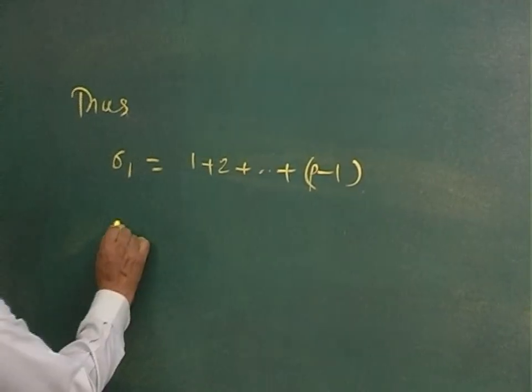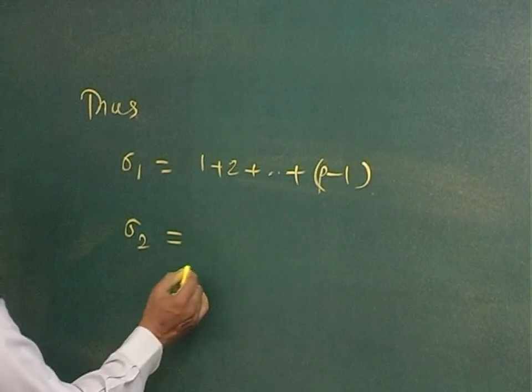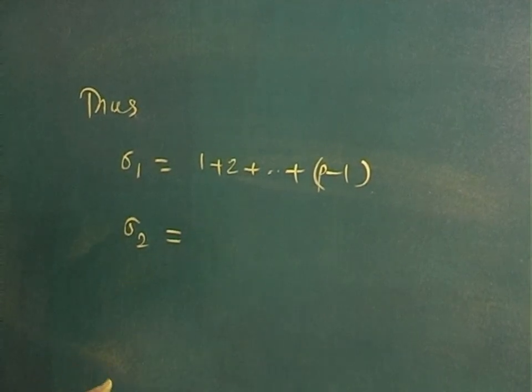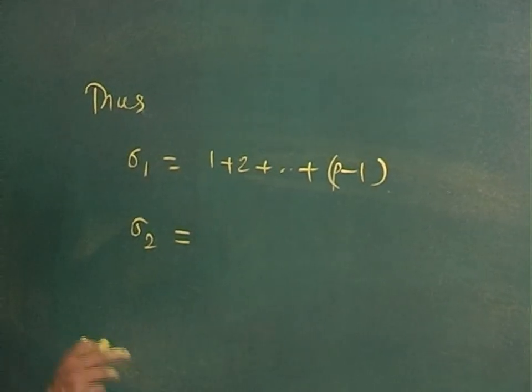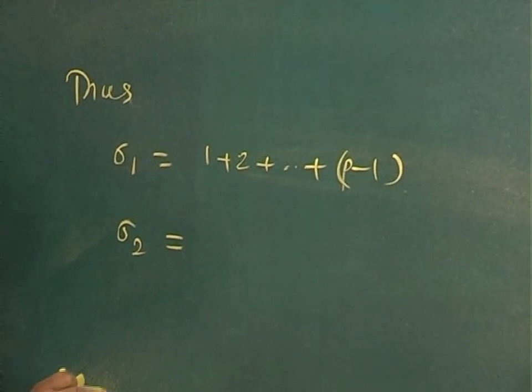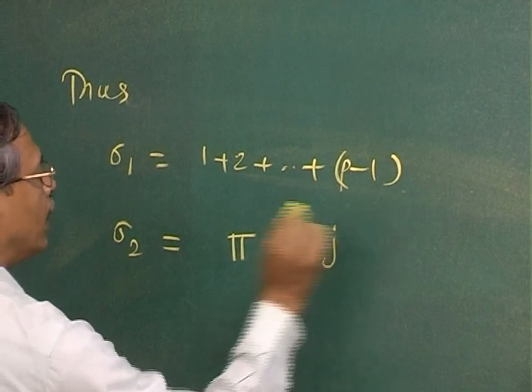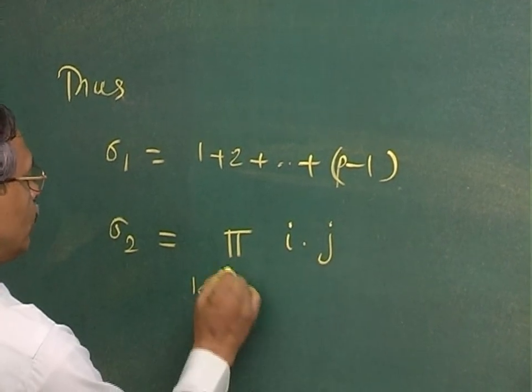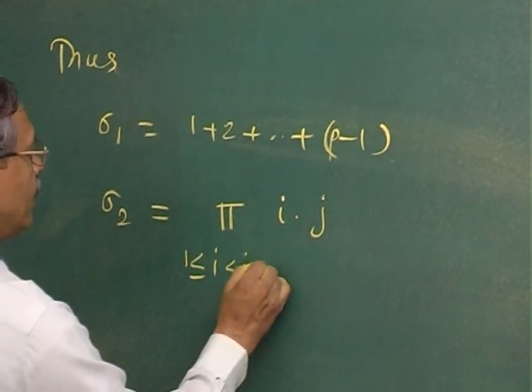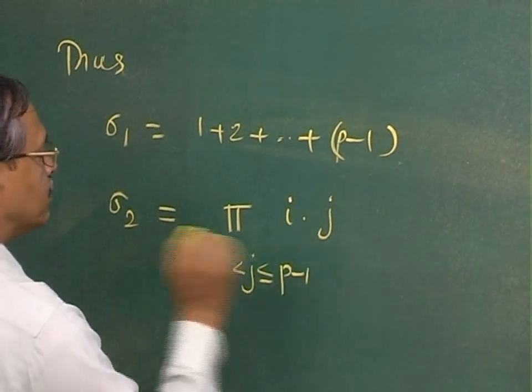Now what is sigma 2? It is the sum of the products of the roots taken two at a time. So it is the sum of i into j, with 1 less than or equal to i less than j less than or equal to p minus 1.